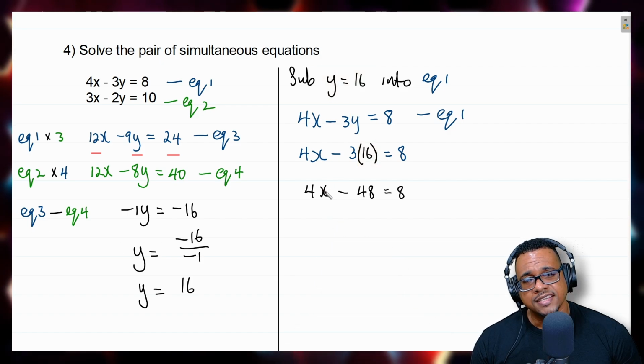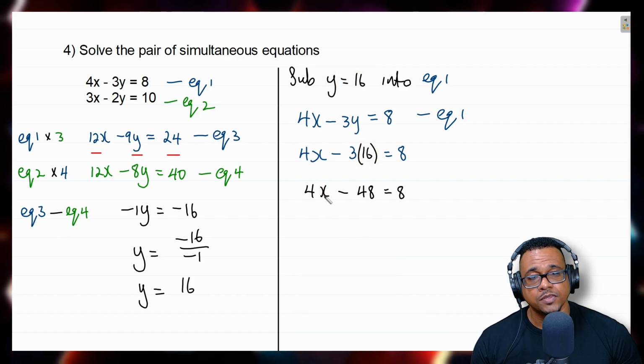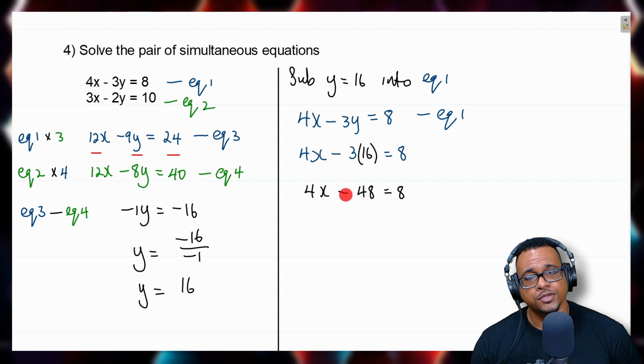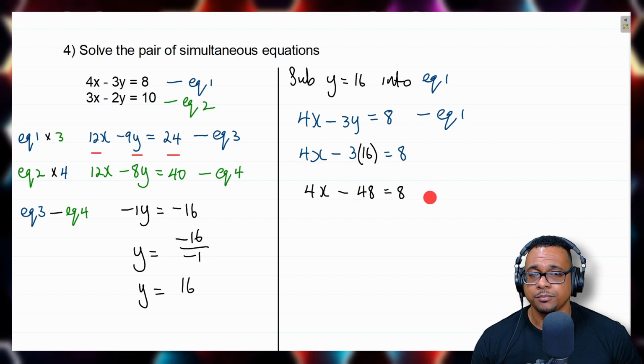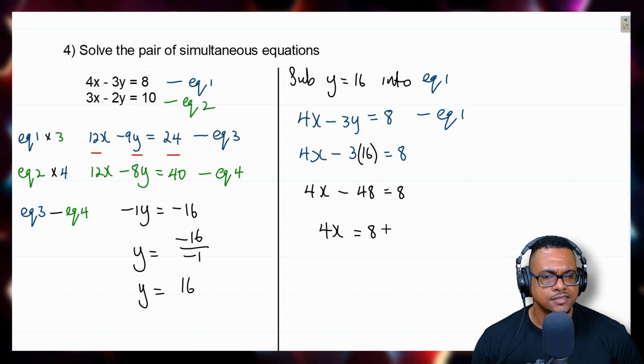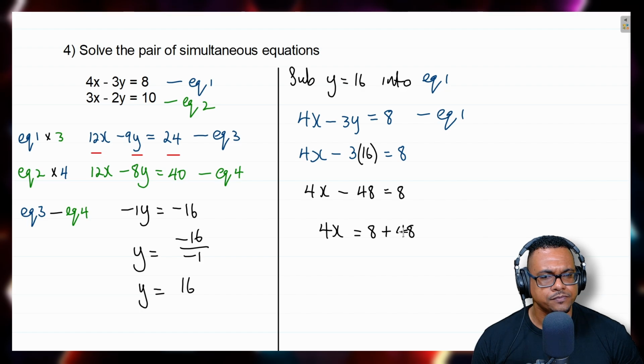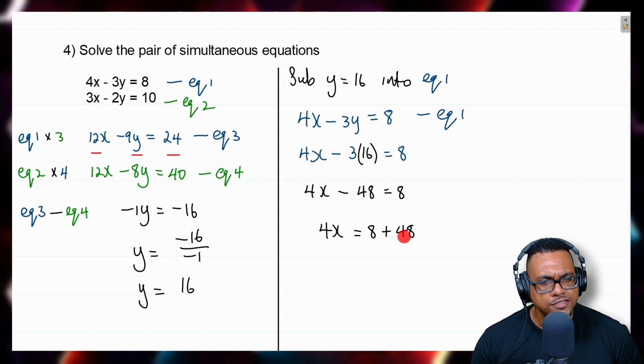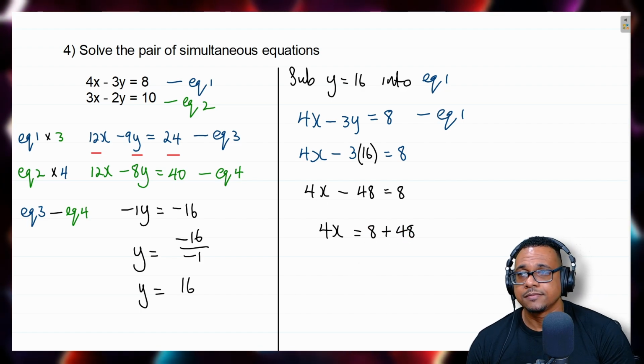What we want to do is get this x by itself to solve for x. The first thing we'll do is transfer this negative 48 across the equal sign, and it changes to positive 48. So we have 4x is equal to 8 plus 48, and 8 plus 48 is 56.